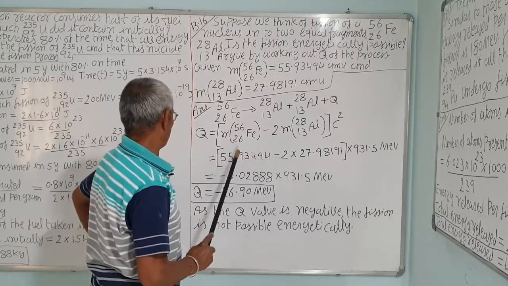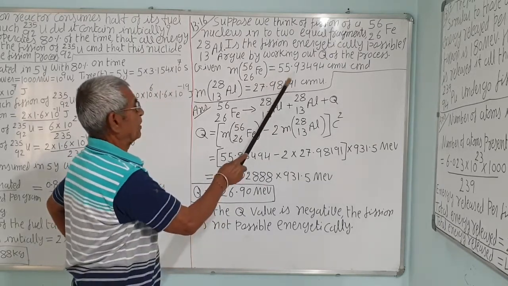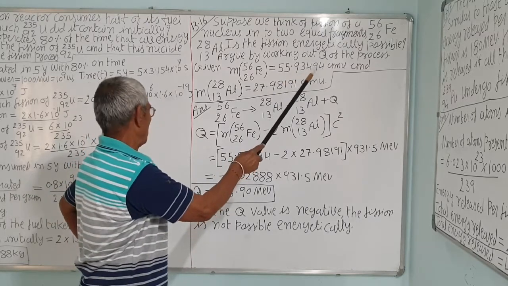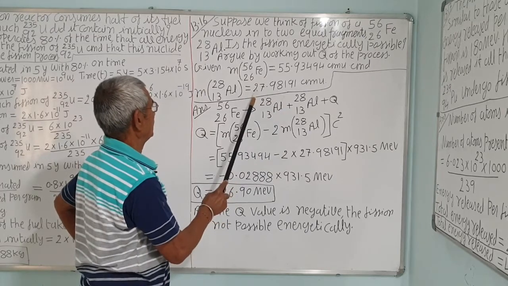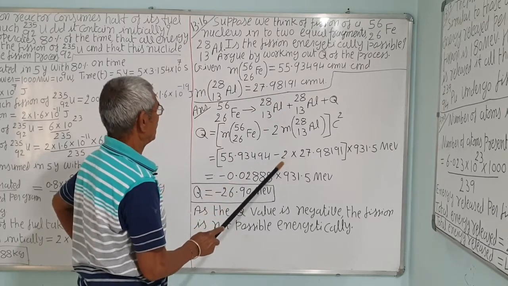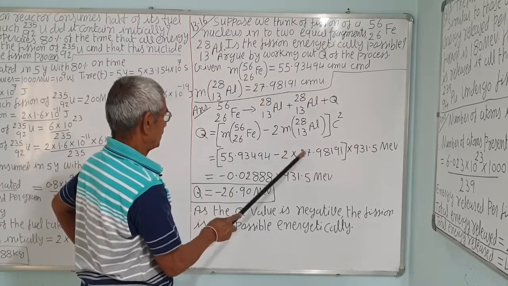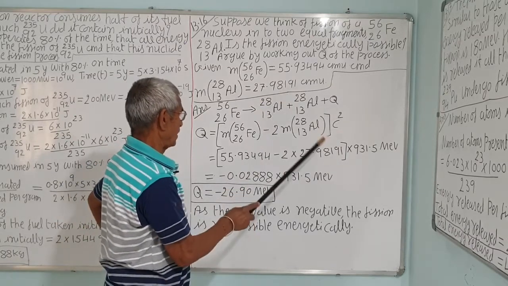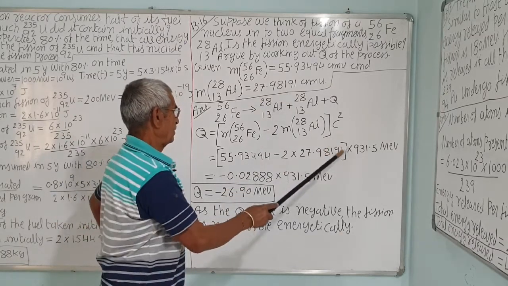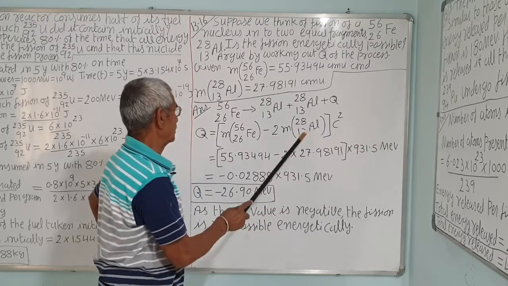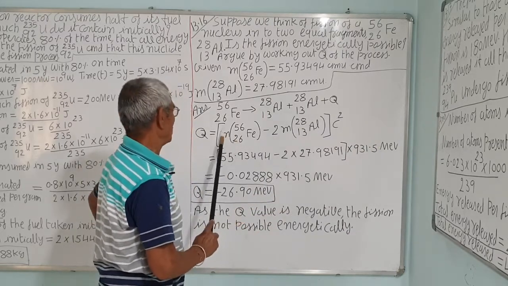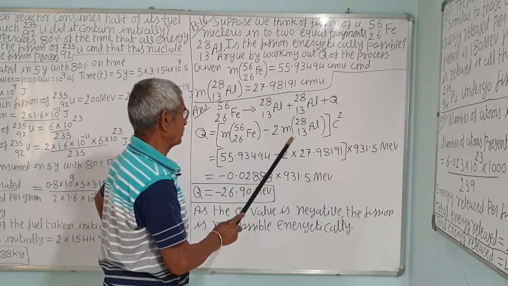So the mass of the iron is 55.93494 minus the mass of aluminum doubled, that is 2 into 27.98191, multiplied by 931.5 MeV, because this is in MeV and this is in AMU, atomic mass unit.